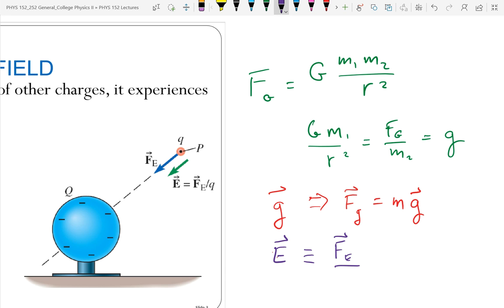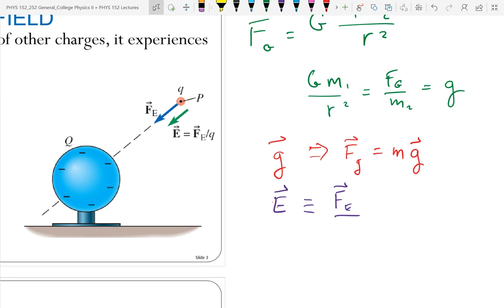So for the electric force field, it's going to be the electric force divided by, instead of the gravitational charge, it'll be the electric charge, which we conveniently enough just call charge. And so the electric force field is the electric force divided by, and I'll put charge 2 just to be completely analogous.